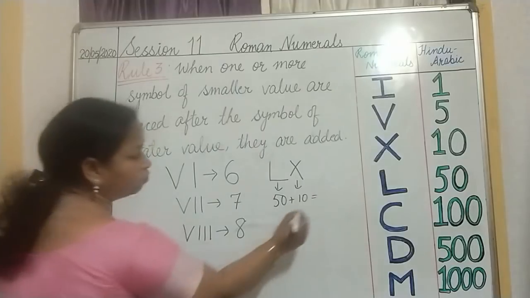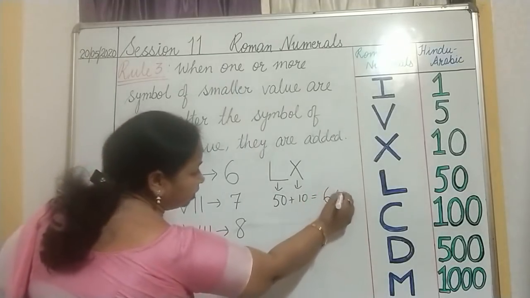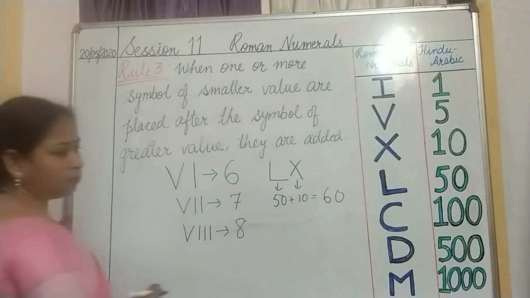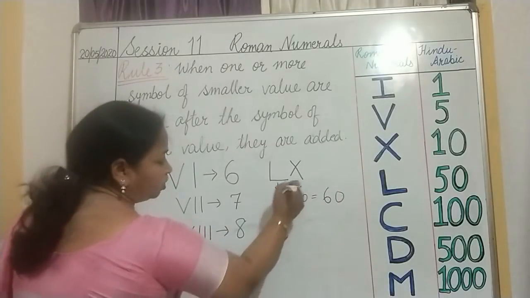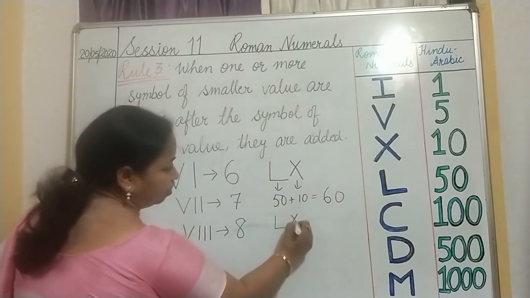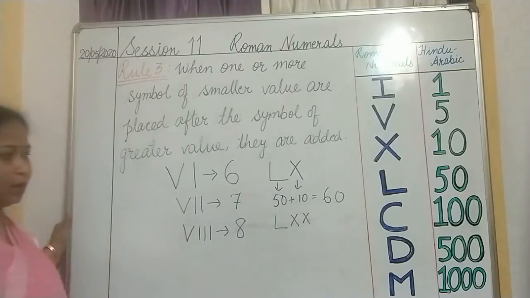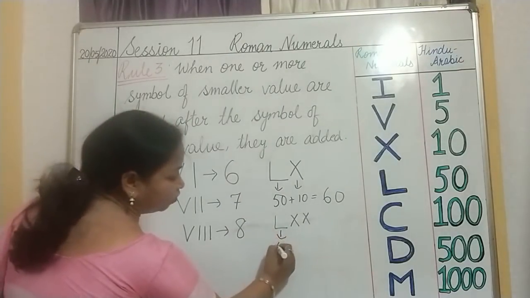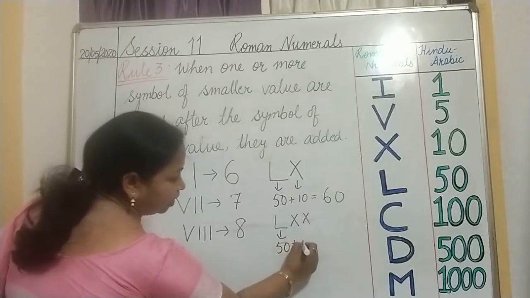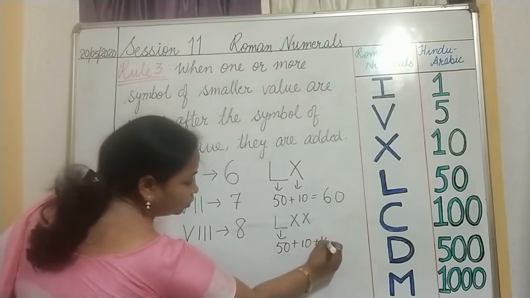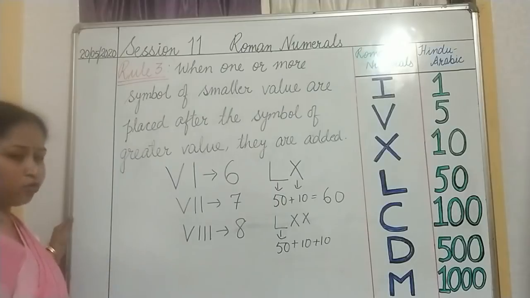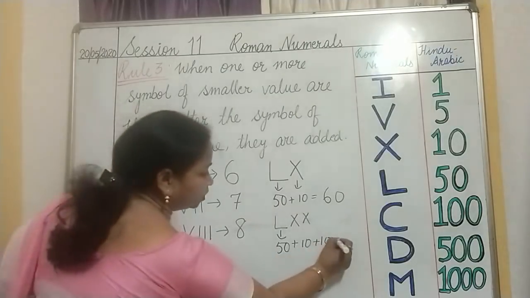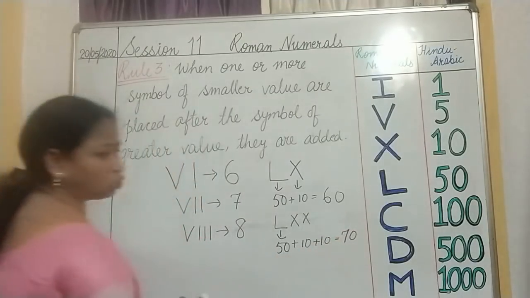Add these two. What will be the value? 60. Isn't it easy? What if I have double X with L? L stands for 50, X stands for 10, the other X also stands for 10. So the value will be 70, and so on.